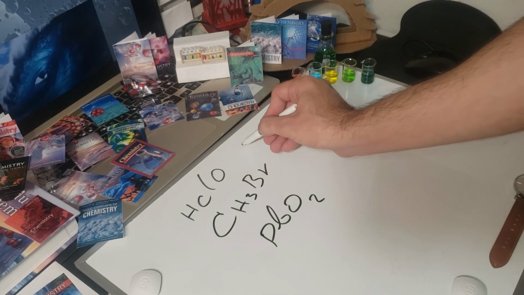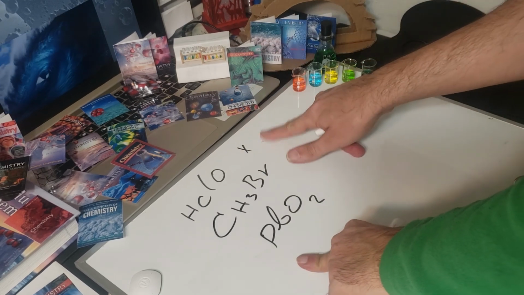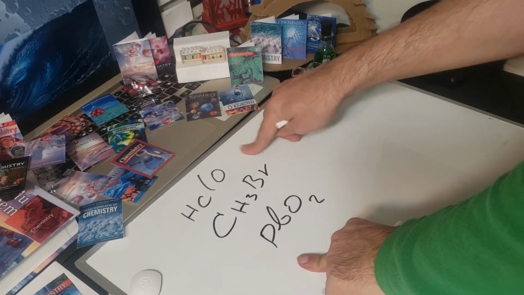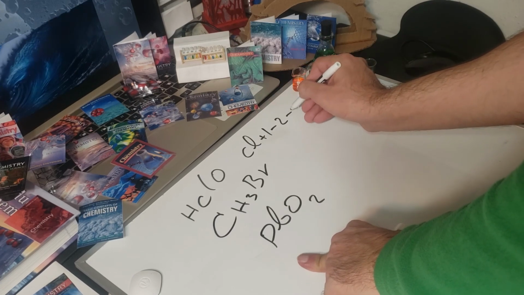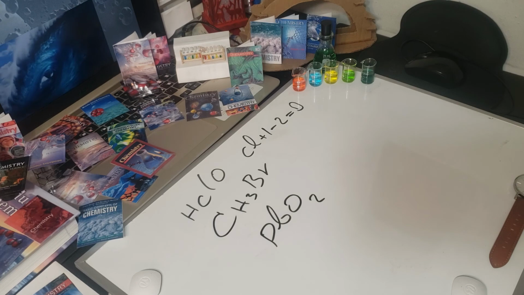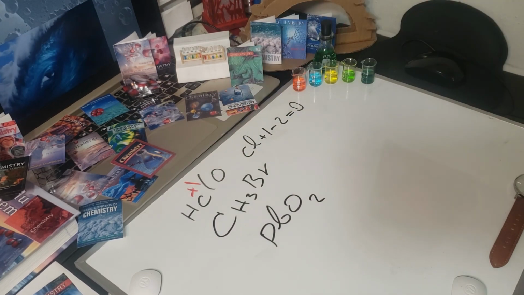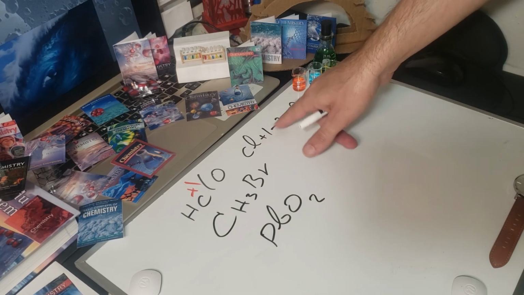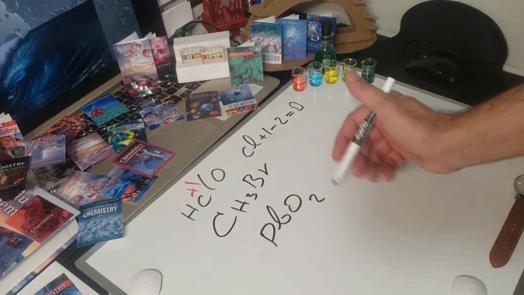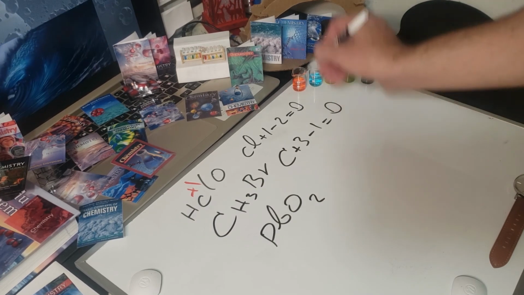So HClO, X plus H is 1. Let's just do Cl instead of X. Cl plus 1 minus 2 is 0. So Cl becomes +1. For CH3Br, Br is -1, H3 is +3, so carbon plus 3 minus 1 is also 0.